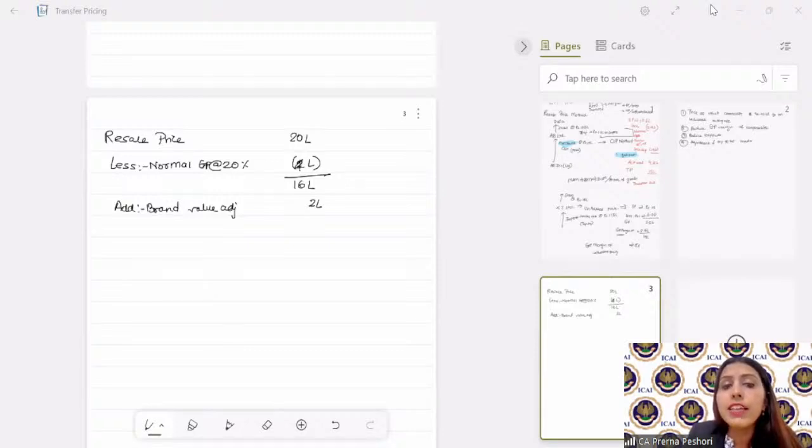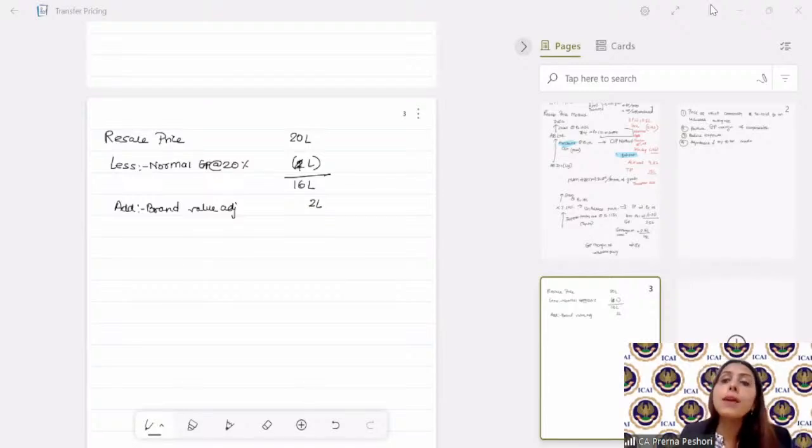And finally, one more adjustment is with respect to the warranty cost. The cost of warranty is said to be 2% of the sale price, but Sun PT provides the warranty of 6 months, whereas Oceania gives the warranty of 1 year.